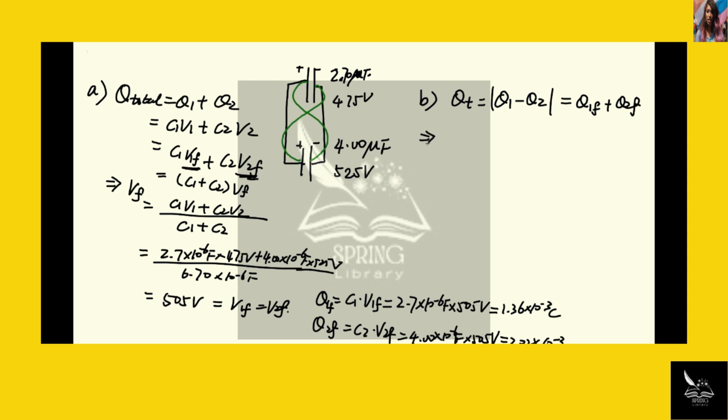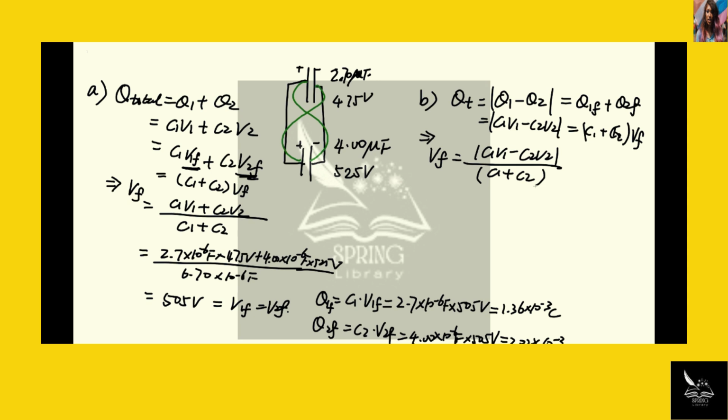So this is the absolute value of C1 V1 minus C2 V2 equals C1 plus C2 times V final. So this time we have V final equals C1 V1 minus C2 V2 divided by C1 plus C2.